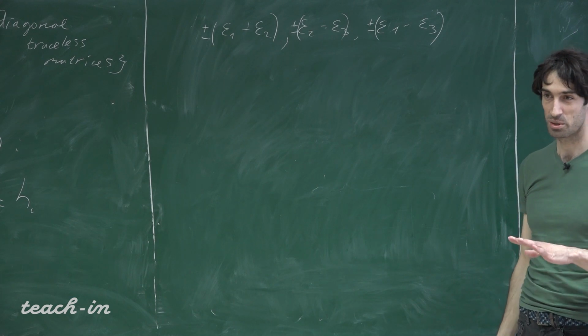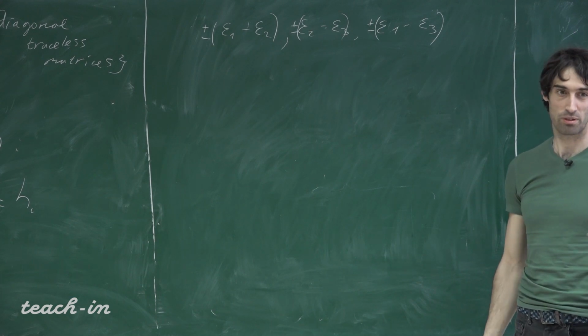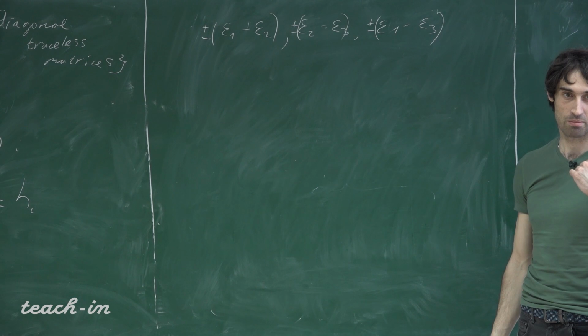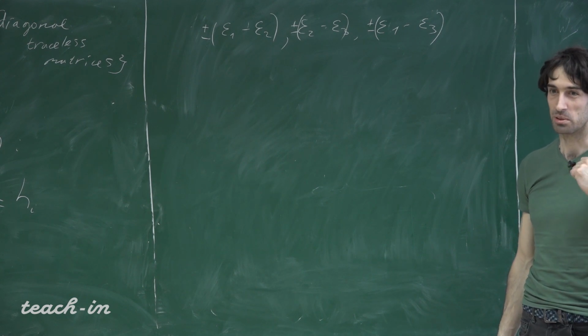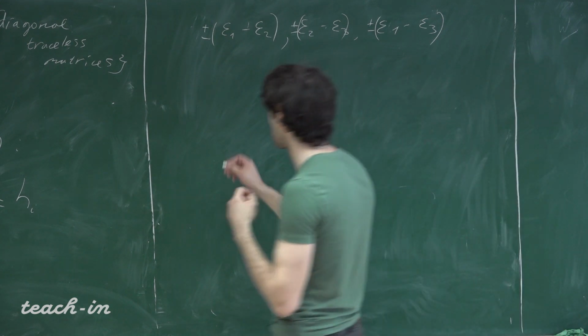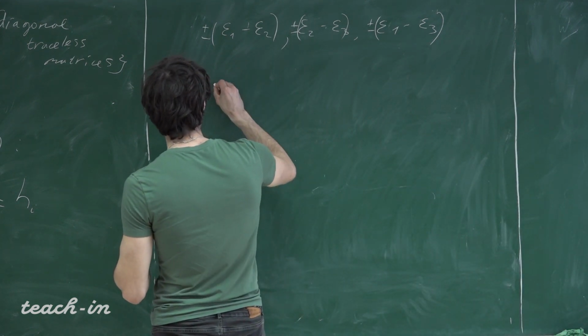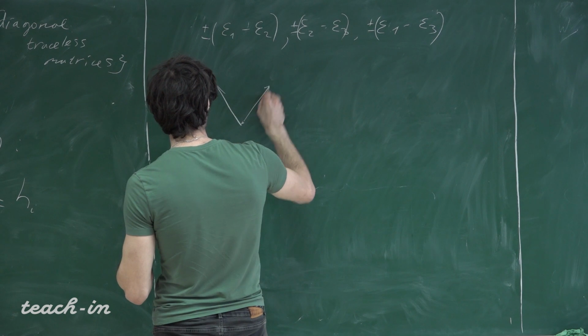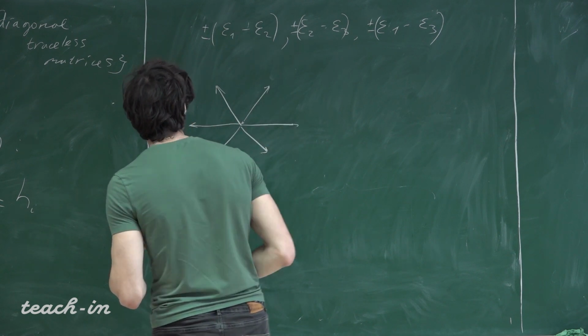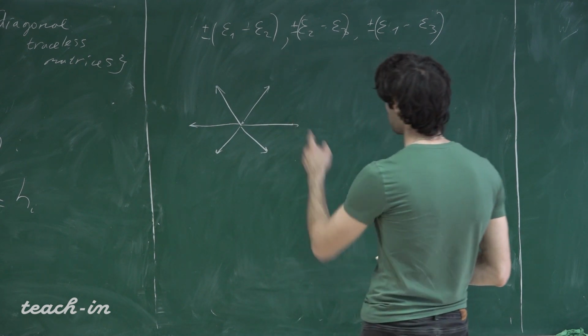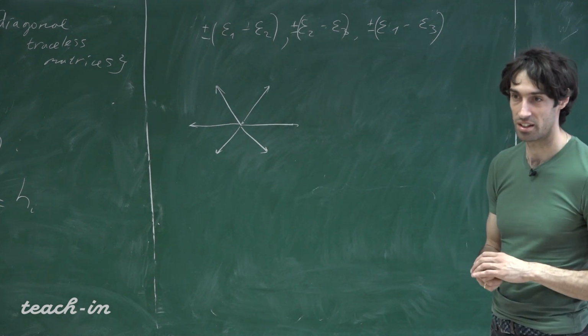So we have 6 roots. If you look at the pictures that we had last time, the only picture which has 6 roots is A2. It has this root system, again our favorite picture. So this has exactly 6 roots corresponding to these numbers.